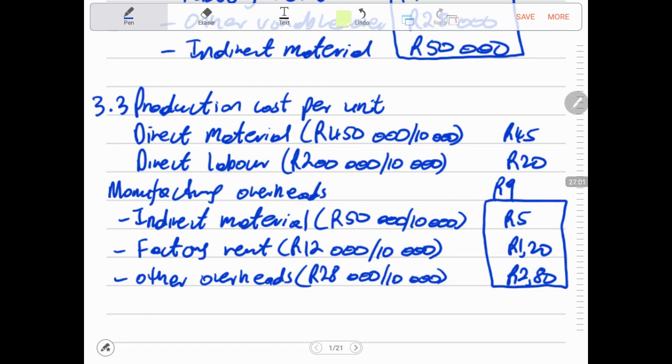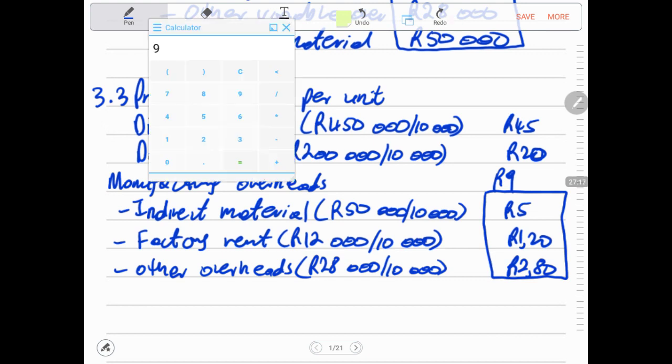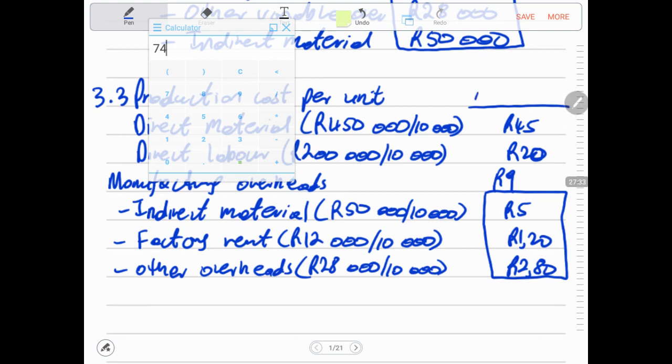So now to calculate the cost per unit, make sure that everything is per unit. Now we have calculated and converted everything to be a unit cost. So now we can say 45 rand plus 20 rand plus 9 rand. This will give us a total of 74 rands, and 74 rand will be our production cost per unit.